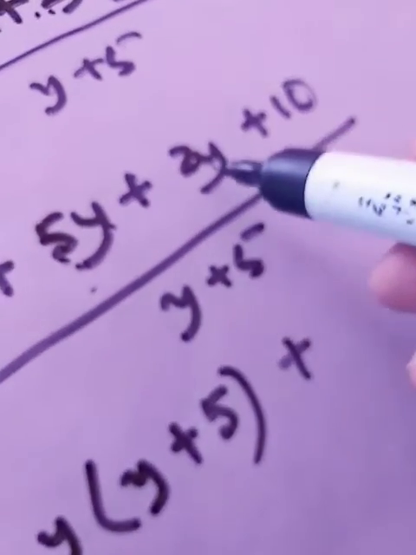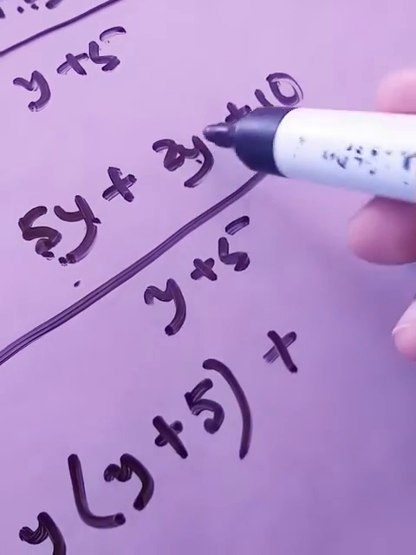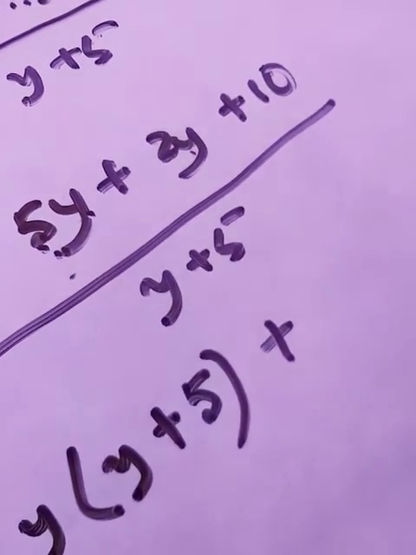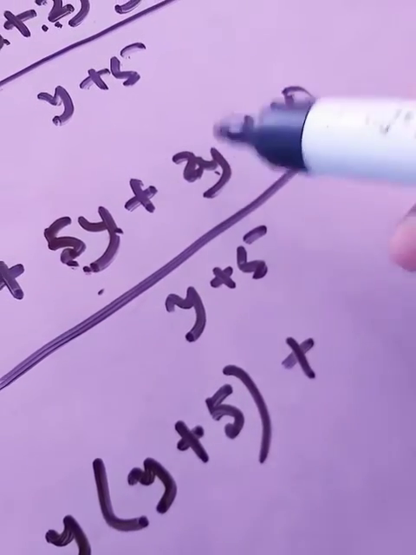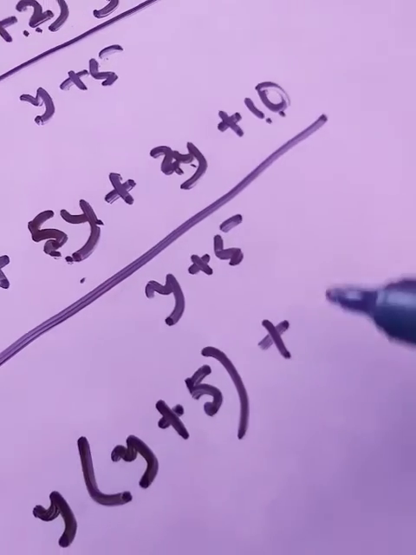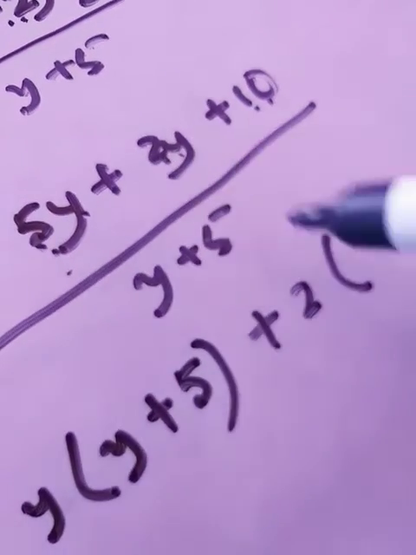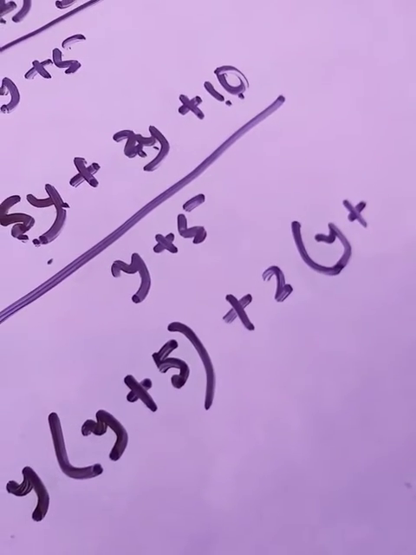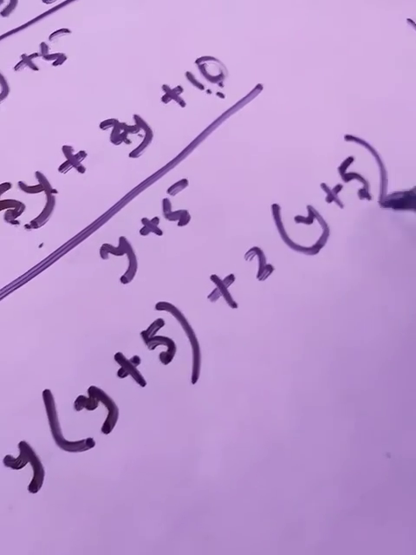Now what factor can we take from these two terms? Y is present only in the third term, but 10 does not carry y, so we cannot take y as a common factor. But 2 and 10 are both divisible by 2, so we take 2 as common. Dividing 2y by 2 gives y, and dividing 10 by 2 gives 5.